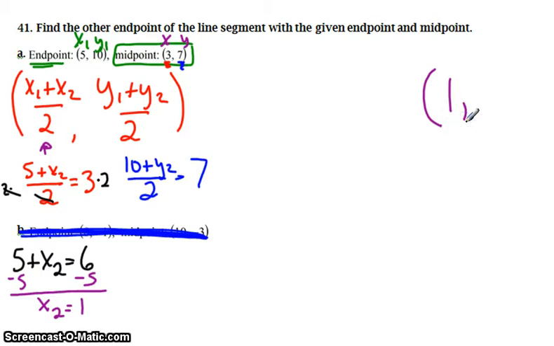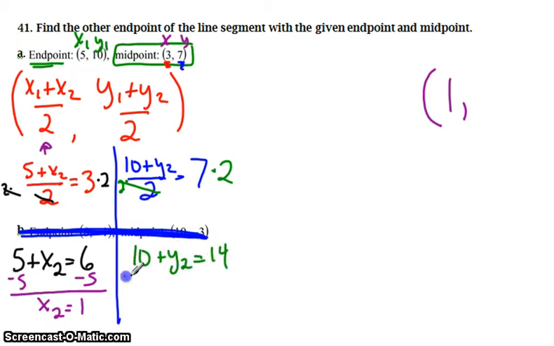Now let's do the same thing for the y. To get that 2 out of the bottom, I have to multiply by 2 on both sides, and this 2 cancels out. That leaves me with 10 plus y2 equals 14.